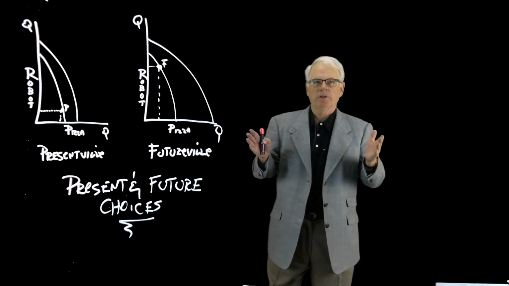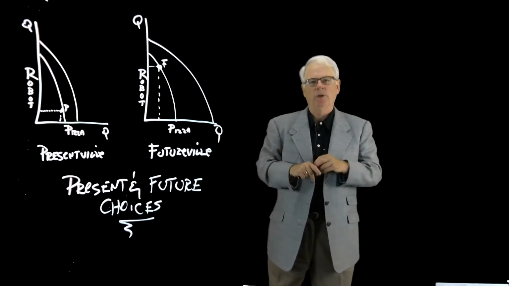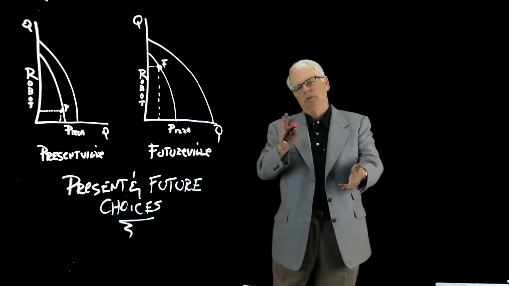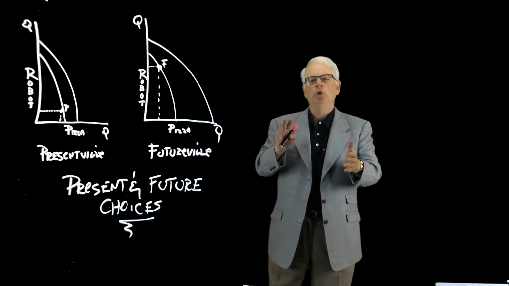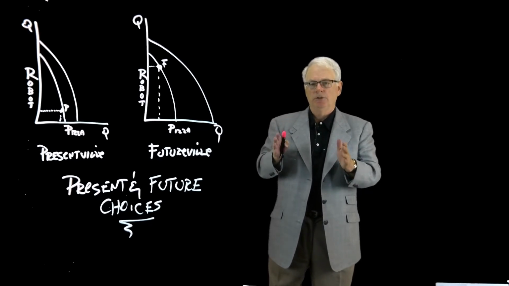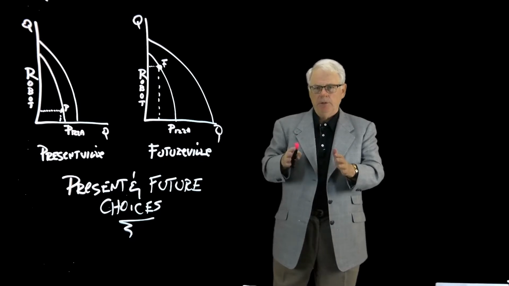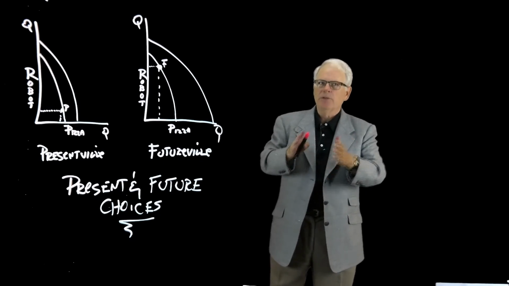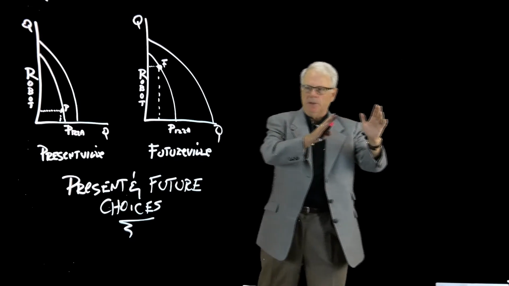Okay, let's take a look at two countries. You could call them two societies. Two approaches to the current situation in the economy and two different approaches to the future situation in the economy.